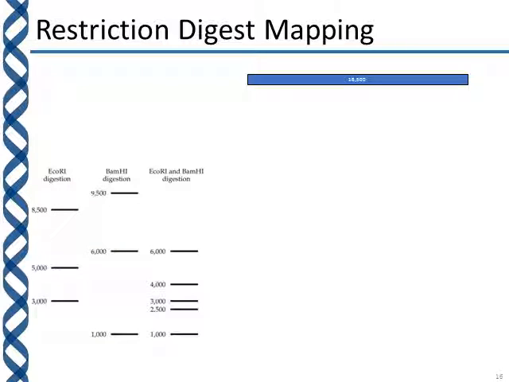So if again we start with our 16,500, let's focus on the 3,000 fragment. It's present in both the double digestion and in the EcoRI digestion.